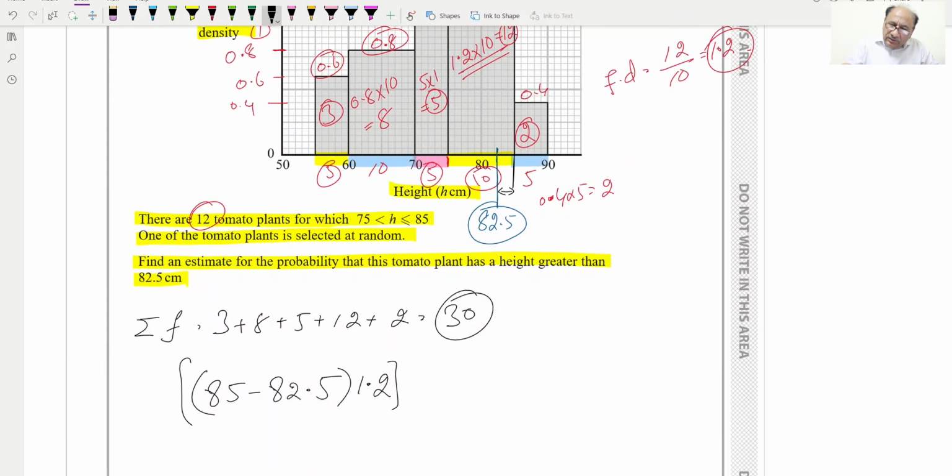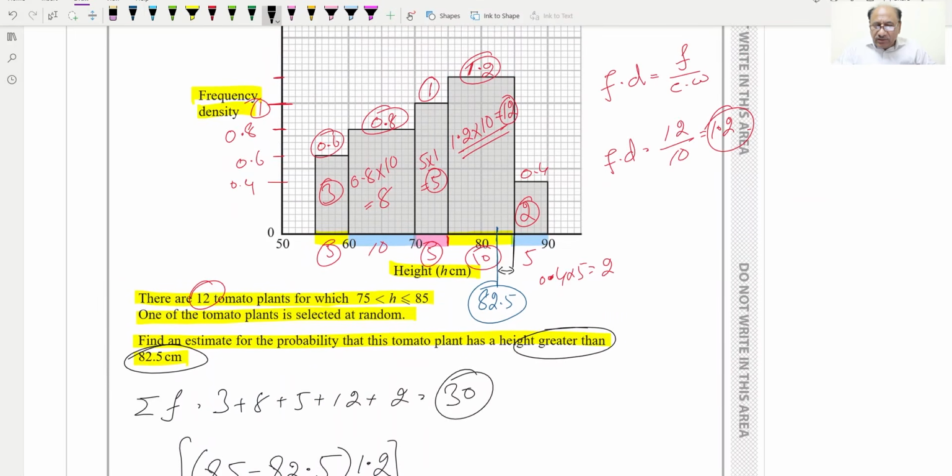They are saying greater than 82.5. So greater than 82.5 is basically two portions. One is this smaller bar which we have taken, from 82.5 to 85. Now we will take this last portion, which we know is basically 2.